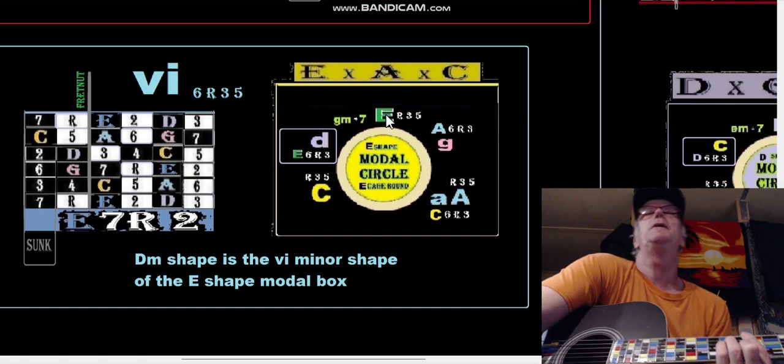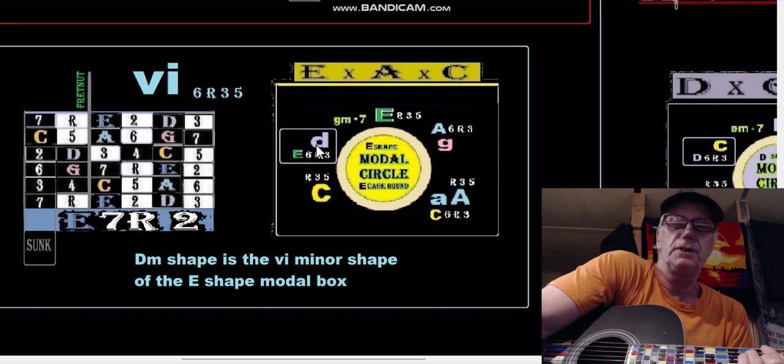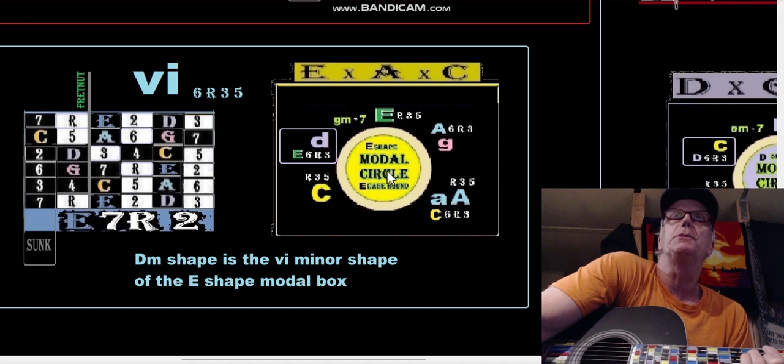So from the E shape, we're going to go ahead in the word CAGED. We're going backwards on the circle, but we're going ahead in the word CAGED because it's a modal circle. So it goes C, D, E, G, A, which is a pentatonic scale. So we're going to go backwards one letter, make a minor out of it.